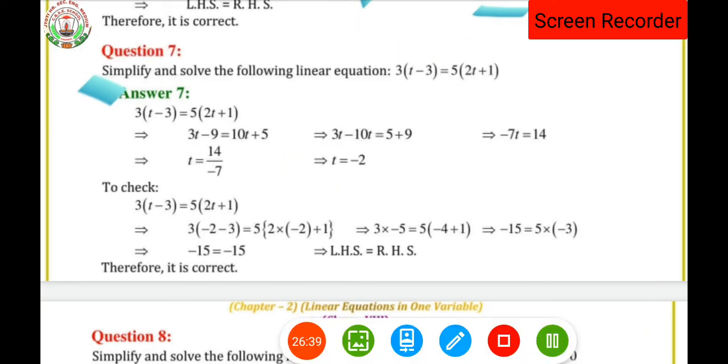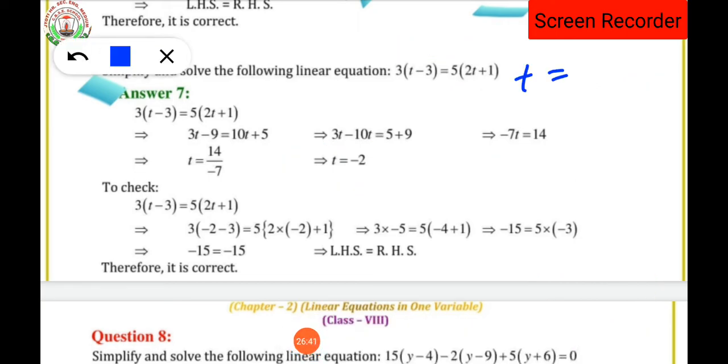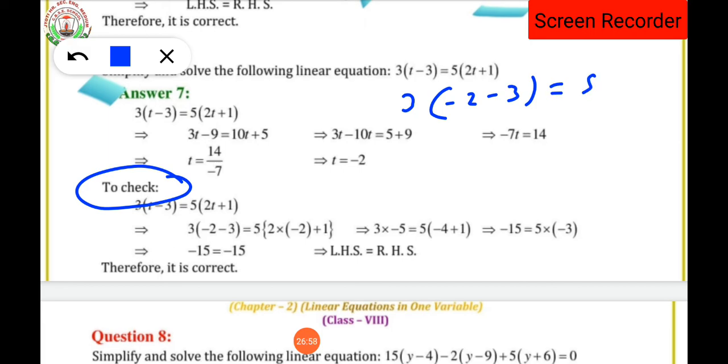Now what is the value of t we are getting? That is minus 2. Now substituting the value of t in the question, okay, for checking. So what we have to do? 3 into minus 2 minus 3 is equals to 5 into 2 into minus 2 will become minus 4 plus 1.